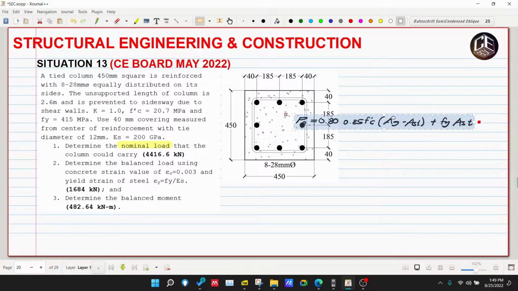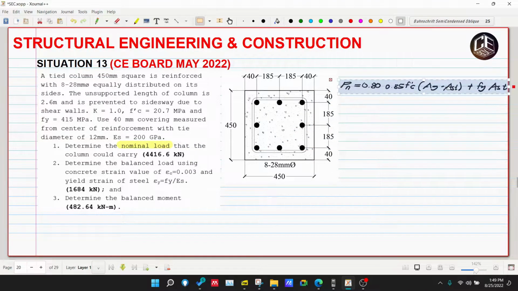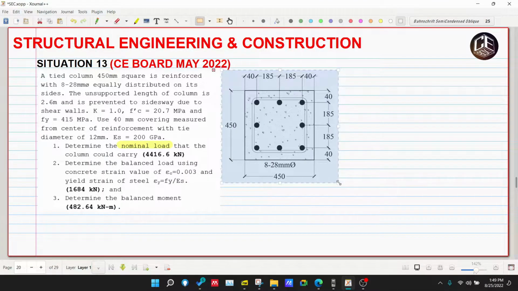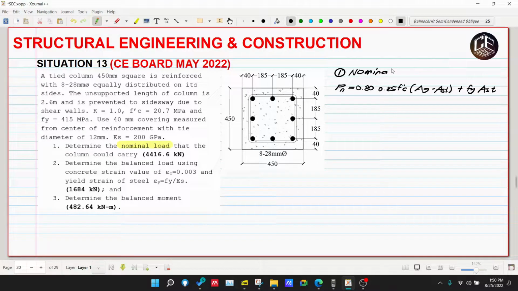So, copy lang natin, ito yung para sa ating problem 1. The nominal load ang pinapahanap. So, bakit nga ba may minus Ast ito?